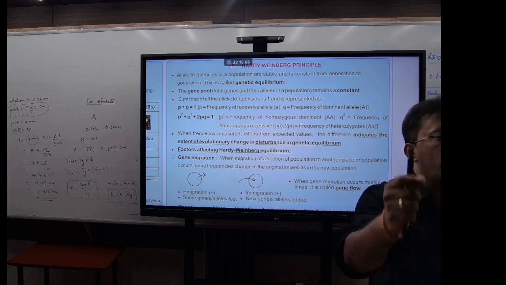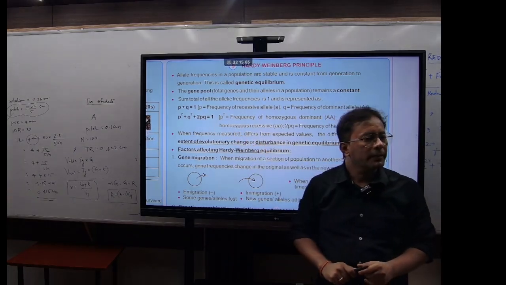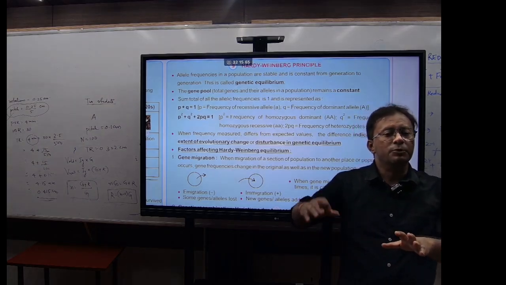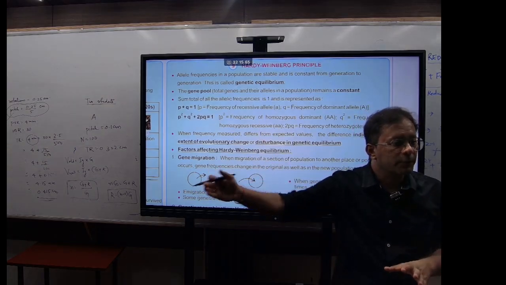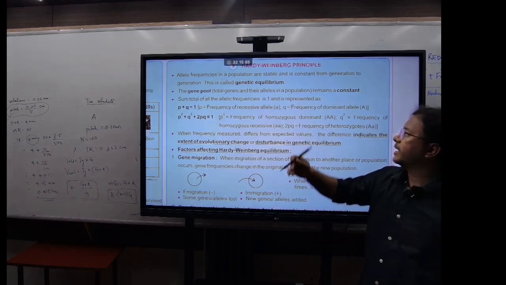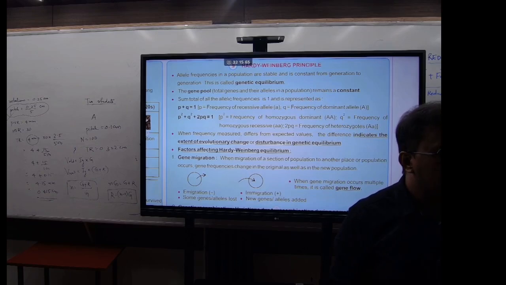And the value of all these alleles must be equal to 1. Any deviation from this value means the population is going through some changes. The changes indicate the evolution. And this is what we call the genetic equilibrium or the Hardy-Weinberg equilibrium.